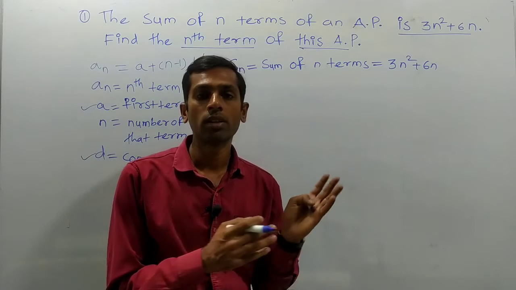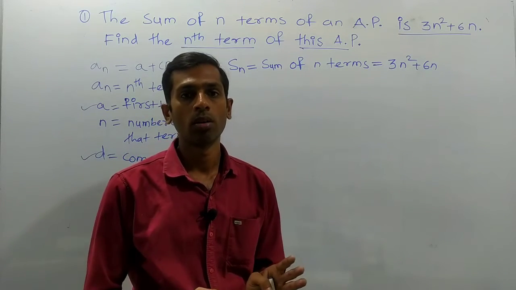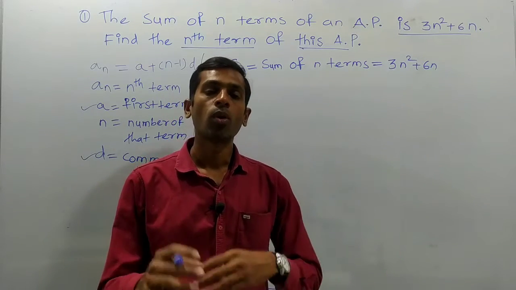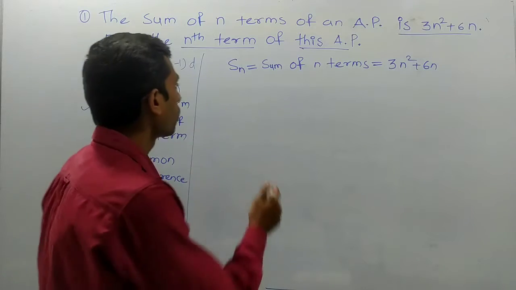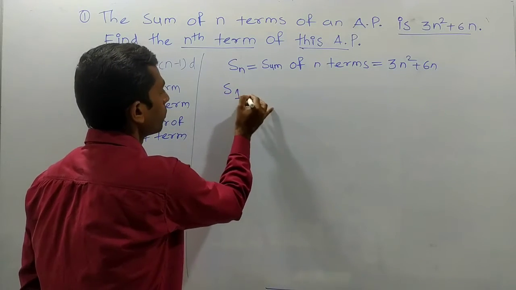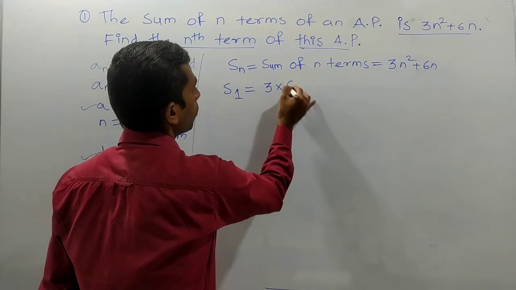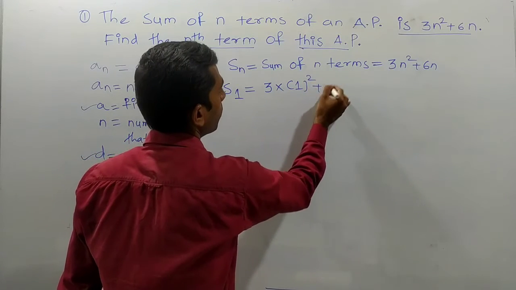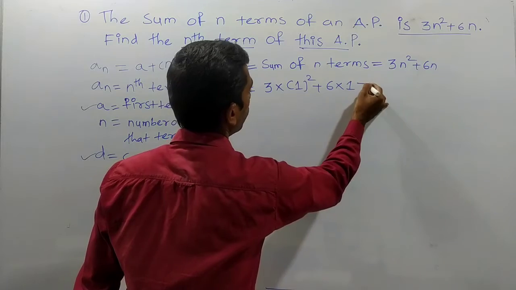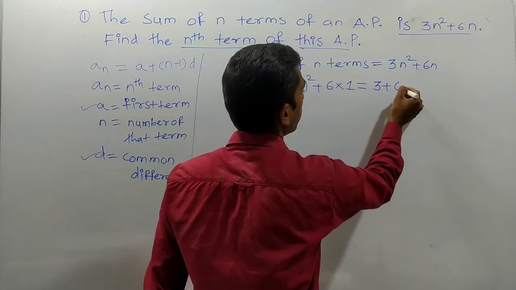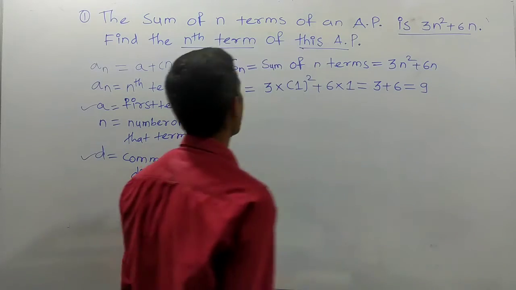So for solving this particular question, we need a. If we put n equal to 1, we will get S1, and S1 is equal to 3 into 1 square plus 6 into 1. 3 into 1 is 3, plus 6 is equal to 9.